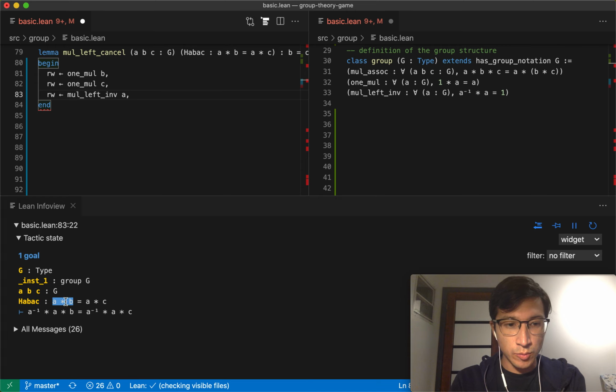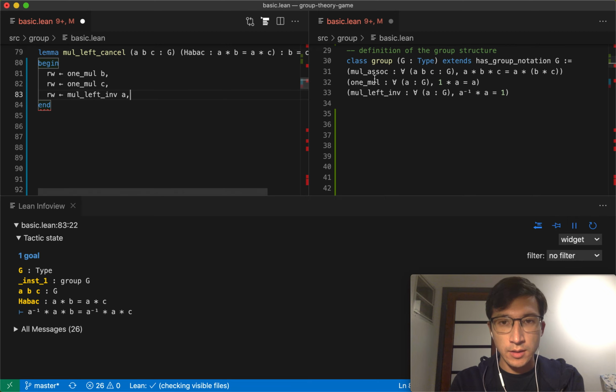So we can soon rewrite our hypothesis. However, right now our first multiplication to be applied is a inverse times a, but we'd like to rewrite a times b, so we need to move the focus to a times b, and in order to do that we can use mul assoc.